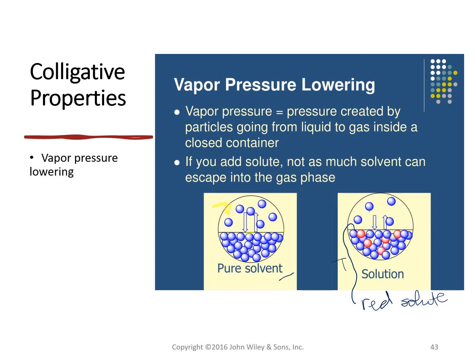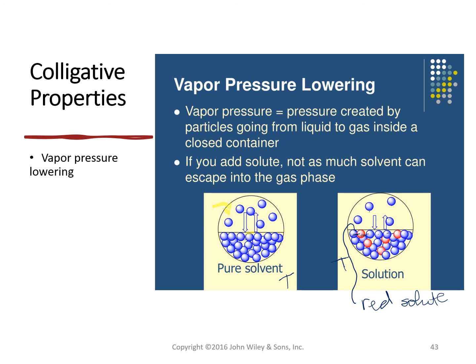So remember, we are comparing the same temperature. The other aspect is depending upon the solute, if it's soluble, it's going to have the same characteristics as your solvent, right? And so you could have stronger attractions between your solvent-solute than between solvent-solvent. And that will also prevent your liquid from escaping into the gas phase.